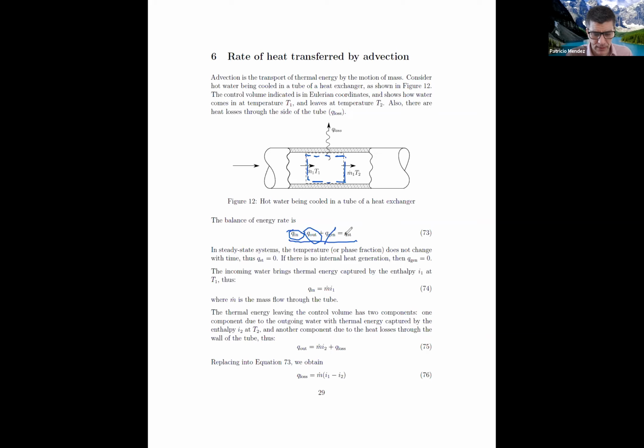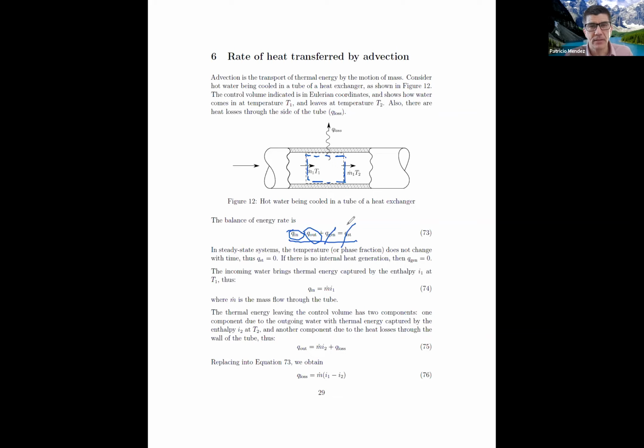So no heat generated. And here is a very important concept, the concept about heat stored. We saw that heat stored meant a temperature increase or a temperature decrease. But in this case, the heat exchanger is running in steady state, so we're going to say no heat stored.